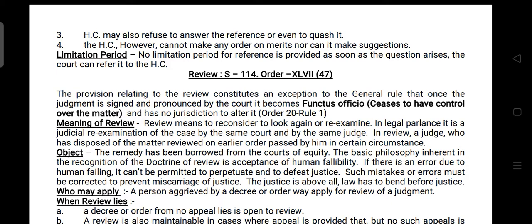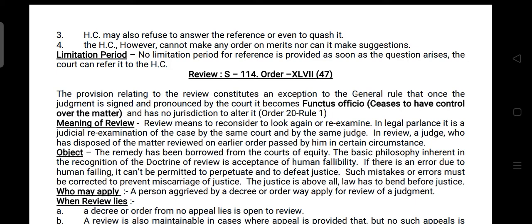As we can understand by its name, review means to reconsider or look again or re-examine a case by the court which has passed it.